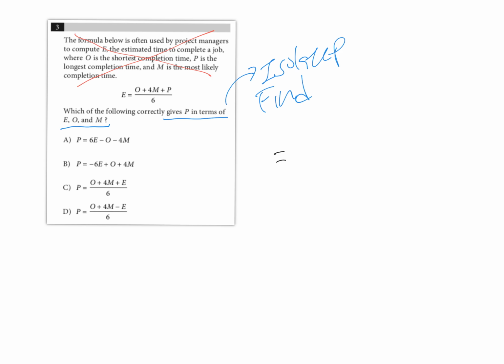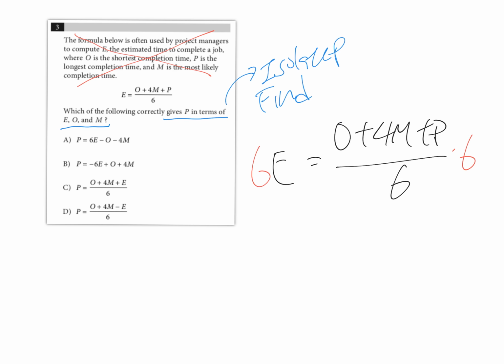Given our equation, E equals (O plus 4M plus P) divided by 6, you should be realizing that the first thing you should probably do is to get rid of the denominator. Since it's being divided by 6, we are going to multiply by 6 to both sides of the equation. Next, we have to get rid of the O, minus O to both sides.